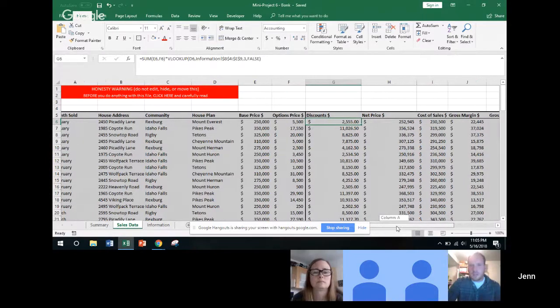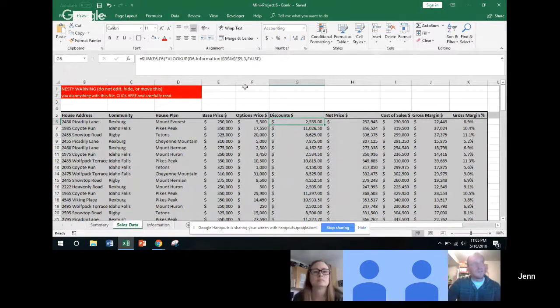Calculating the discounts, you just multiply your answer times the discount in the information tab. The net price is just the base price plus the option price less the discount price. So that's pretty easy.